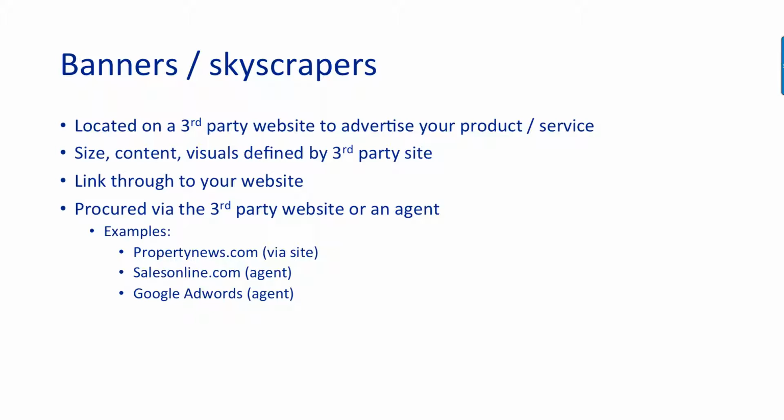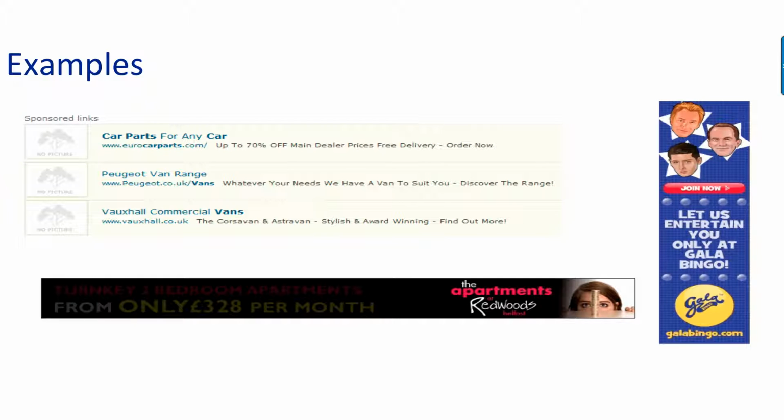And you can say, I want to be on Property News, I want to be on Belfast Telegraph, and I want to be on UTV, because I think my product and service will be applicable to the people who are on those websites, and then you can procure that space through that site.